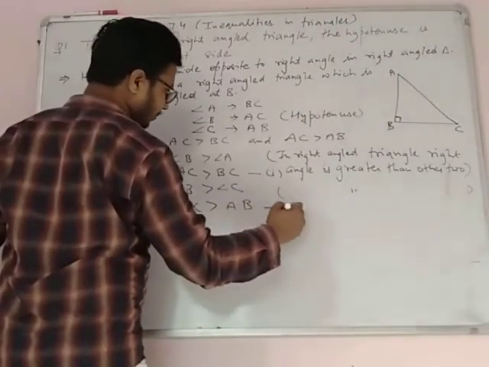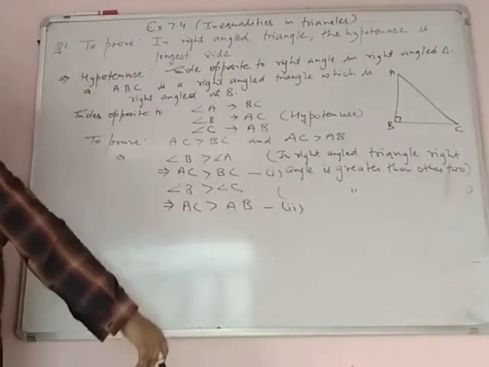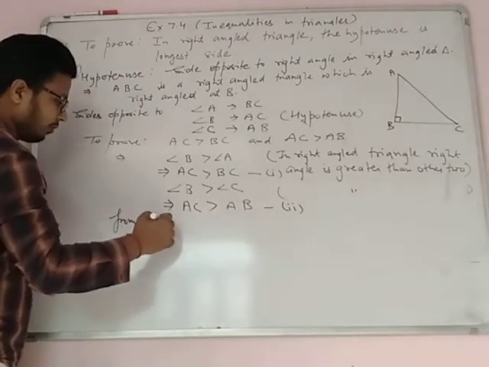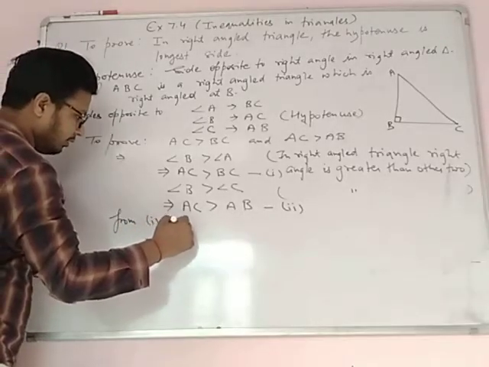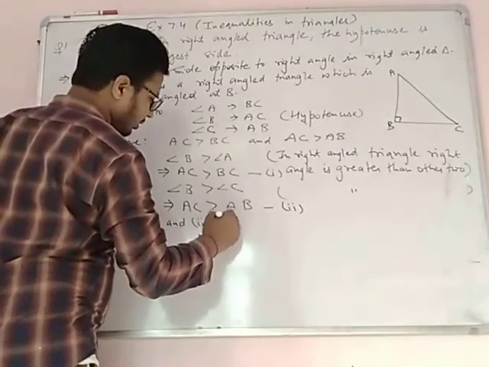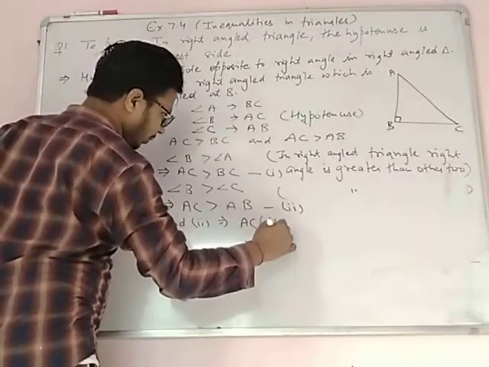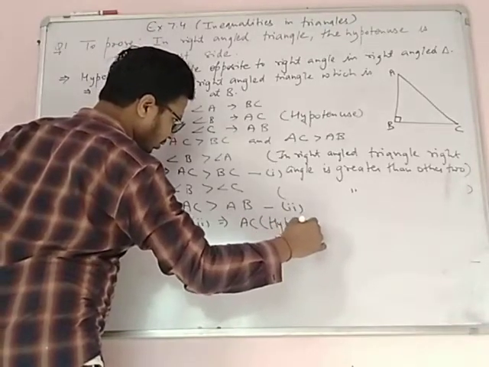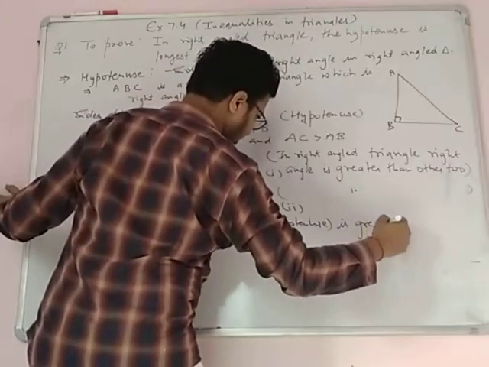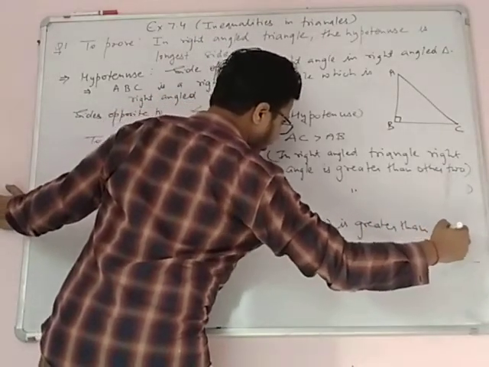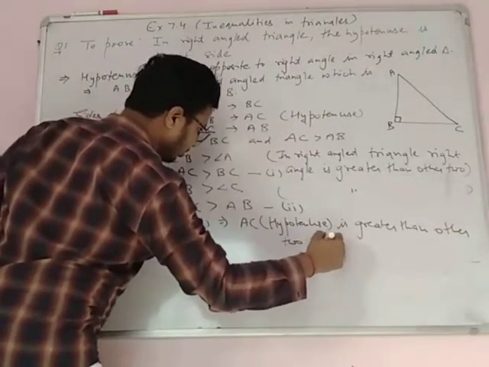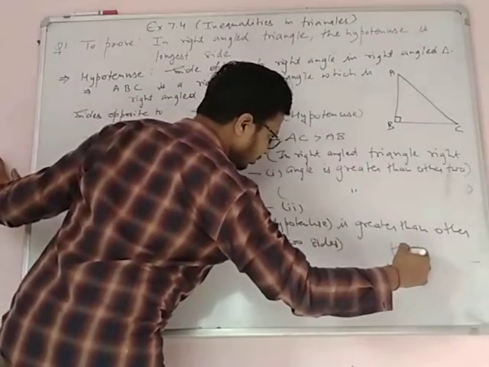Second, from first and second, AC, means hypotenuse, is greater than the other two sides.